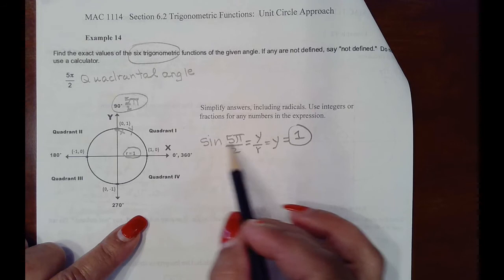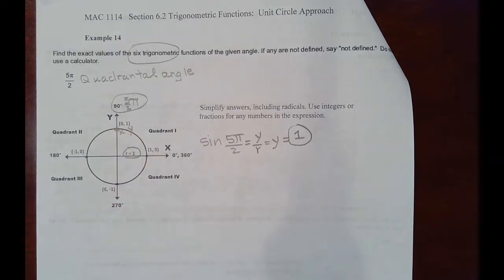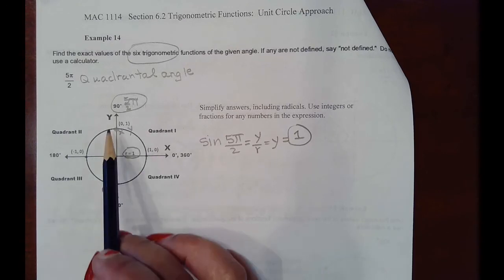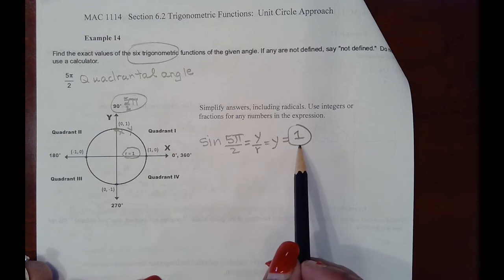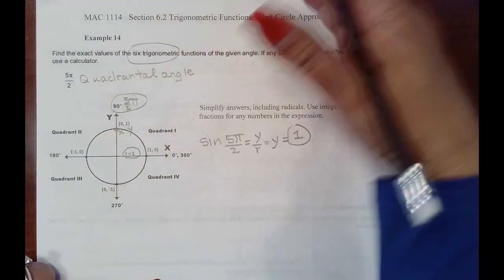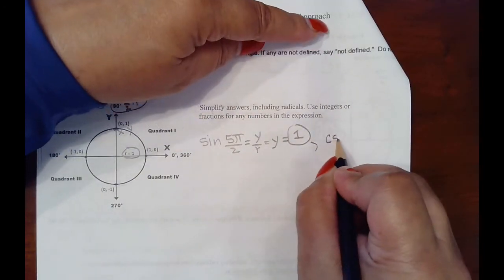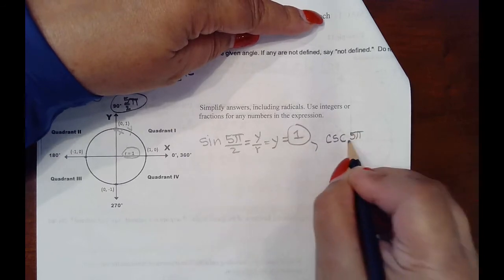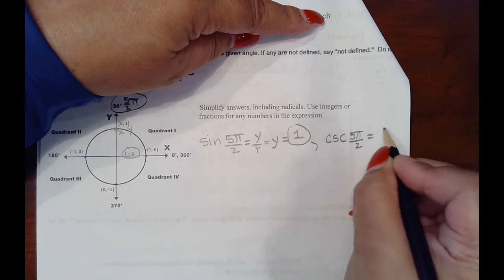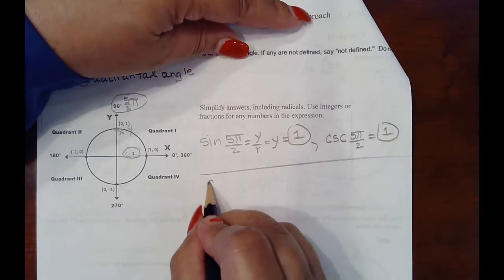But if you did feed this into your calculator, you wouldn't get the points for showing the work. I need to see that you know that you rotated there, that you understand what the x and the y coordinate is, and that that's why you are picking this. But if you put it in your calculator, you will get a 1. All right, then the reciprocal cousin to sine is cosecant. So reciprocal cousin means you just reciprocate that answer, but when you do the reciprocal of 1, you still get a 1.